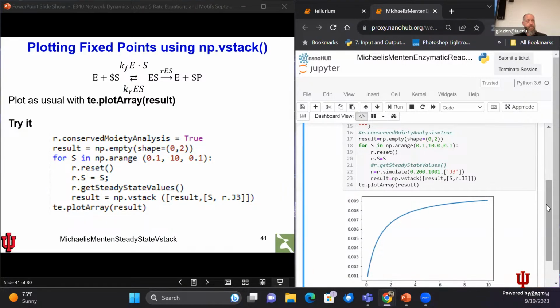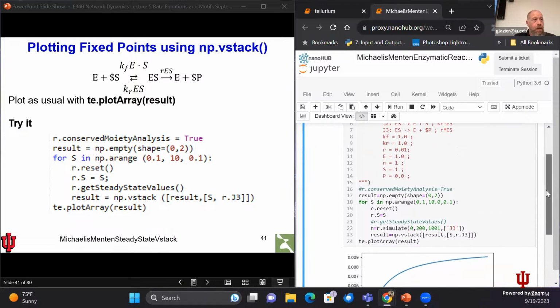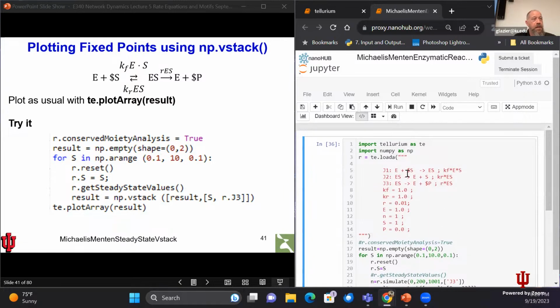Wait, where do you put the $? Put it anywhere in front of an S? So you need to put a $ sign in front of an S and in front of a P. It seems sort of funny to be constraining the amount of P, given that you're trying to determine how fast P is created. But if you don't do that, the amount of P will go to infinity.